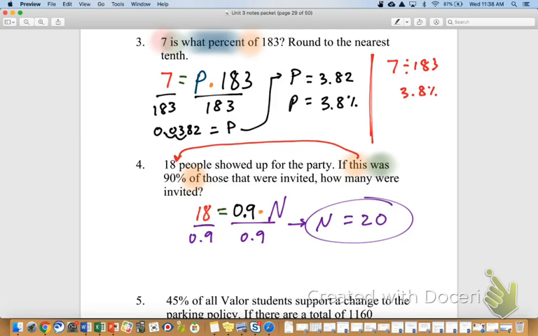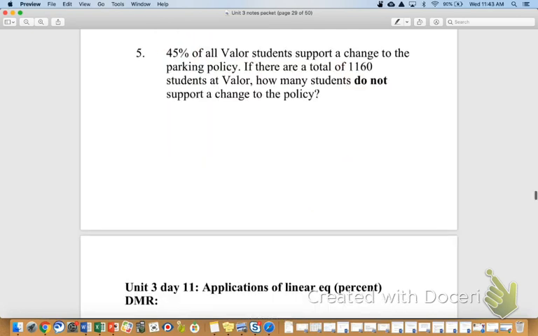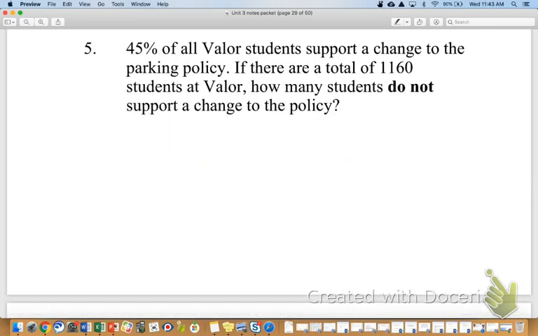Good? The last one. Number 5 says 45%. Well, gosh, I look at that first 2 words. That's a pretty clear translation, right? So 45% would be what? 0.45. How about the word of? Multiplication. And this is where this one gets a little bit tougher because it's 45% times all Valor students.